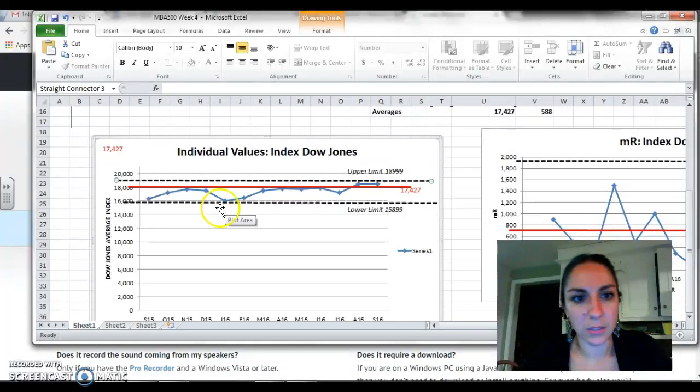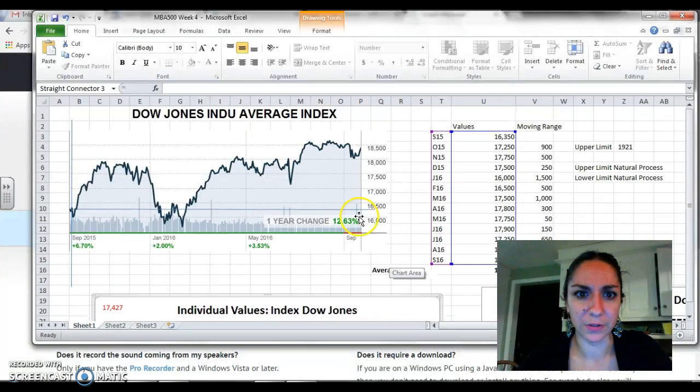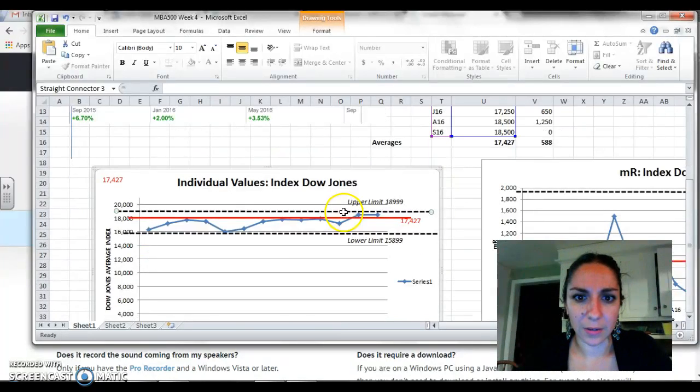What would represent a signal is anything that goes beyond these dotted lines. I don't see any of the values going outside the dotted lines, so I'd say this is a pretty consistent, predictable system at this point. For the last year, I was actually pretty surprised by this, to be honest. I thought this was going to be a little more crazy, but it isn't.